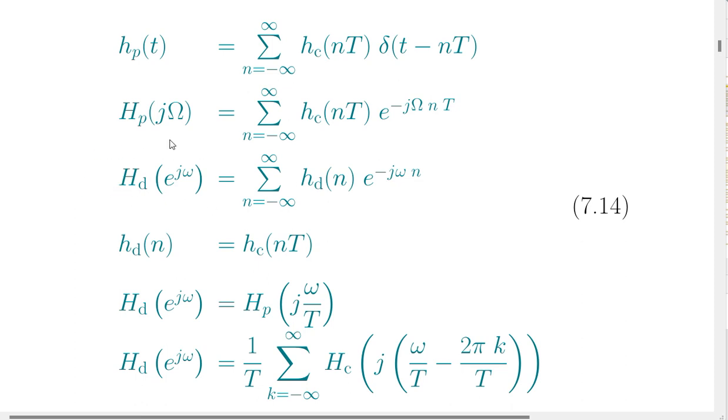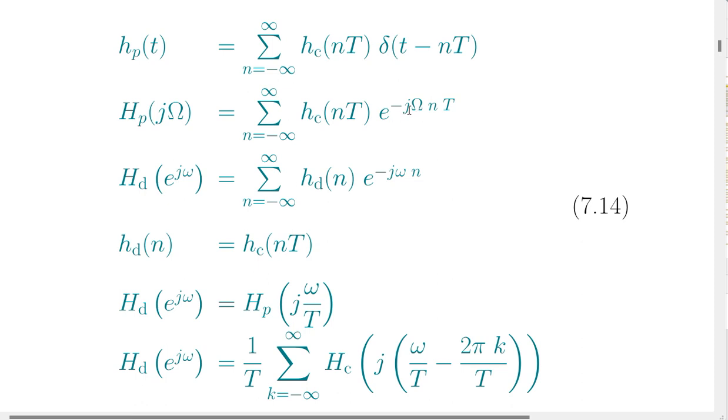And in the discrete configuration, H_d(e^{j omega}) is equal to the summation of h_d[n] times e to the power of minus j omega n. Just compare them term by term.